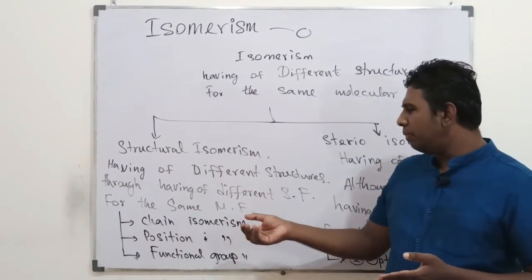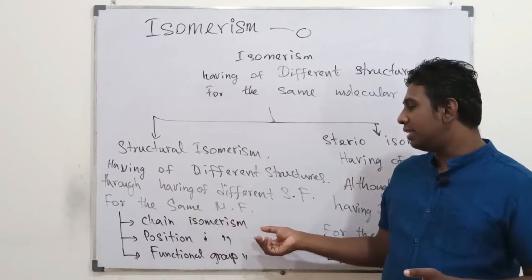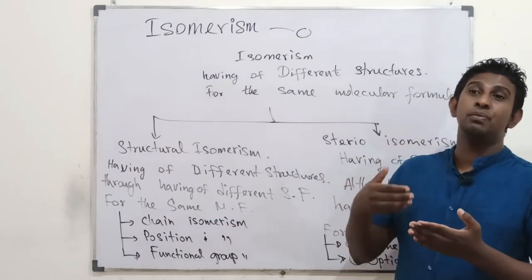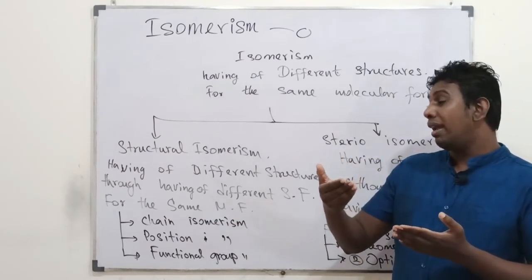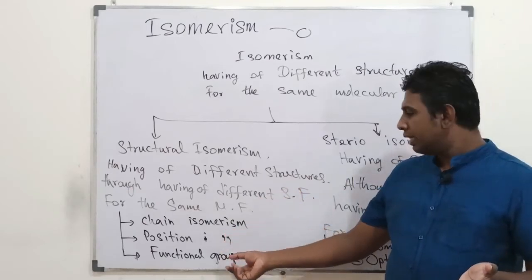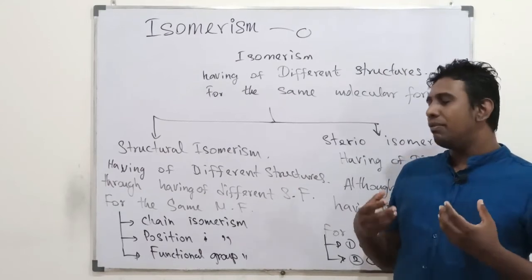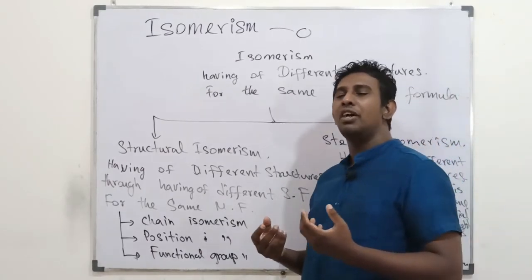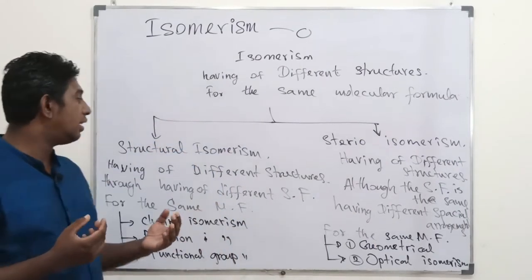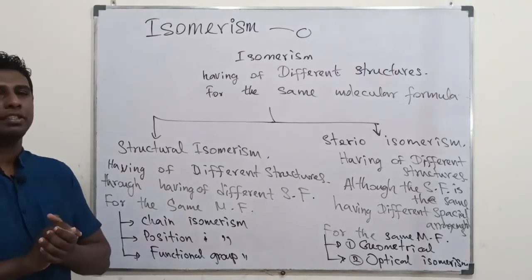Those structures could differ in the length of the carbon chain, the position of the main functional group or alkyl groups on the carbon chain, or the type of the functional group. You could have different compounds through different structural formulae. That's what we call structural isomerism.